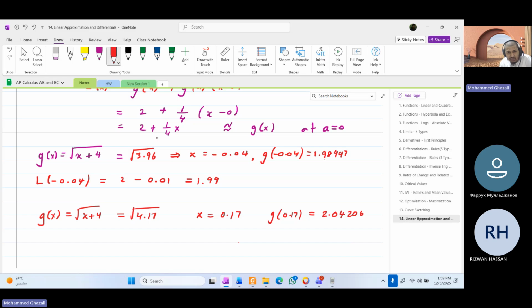So in the linearization function, you need to substitute what? Not the negative value. You need to substitute this x value, 0.17. So let's substitute 0.17 in the linearization function and see what we get.